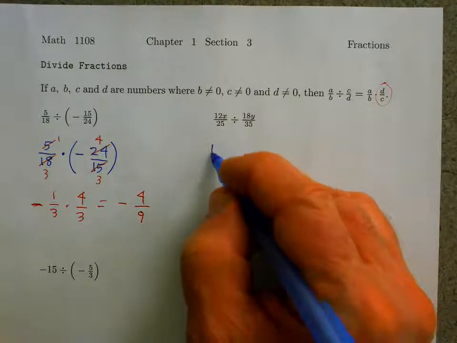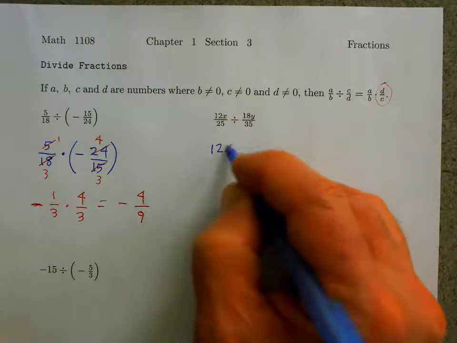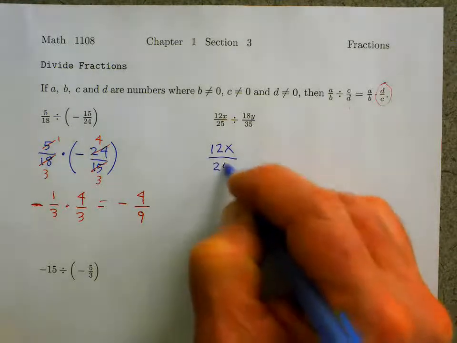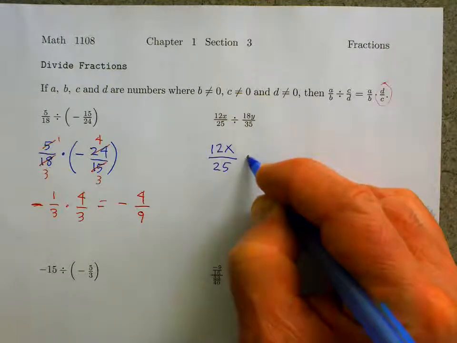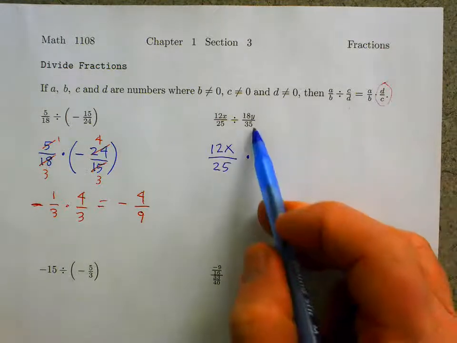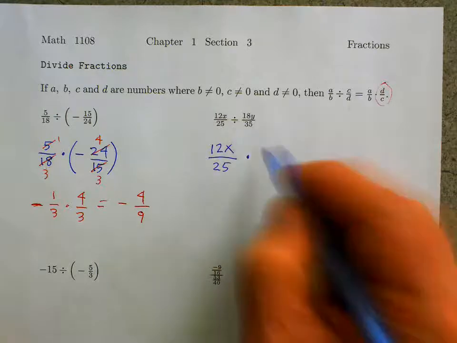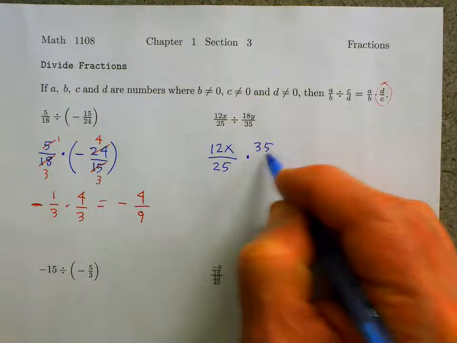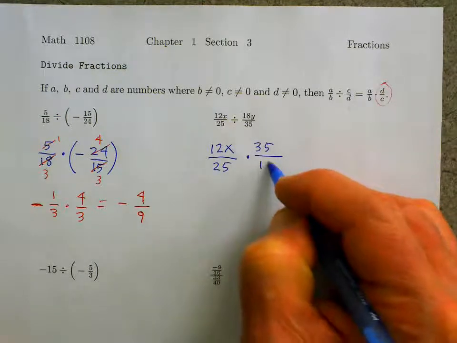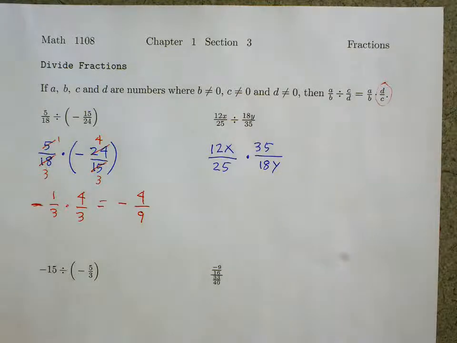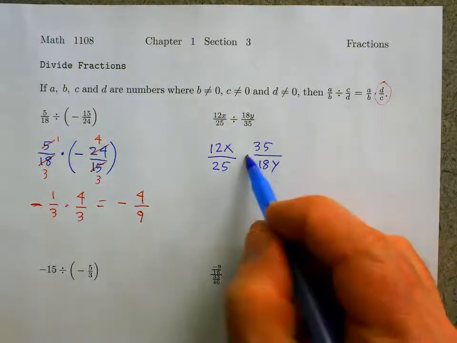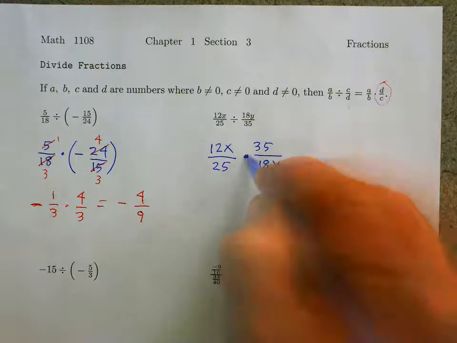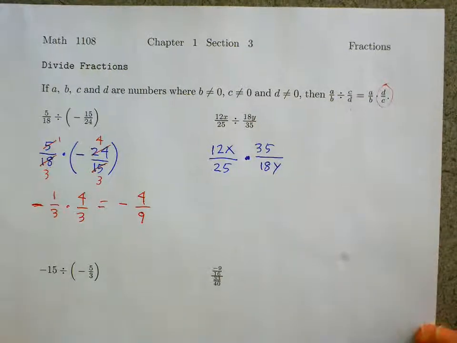The fraction on the left stays the same, so 12x over 25 multiplied by the reciprocal of this fraction on the right. So the reciprocal is 35 over 18y. And then before multiplying, let's look for common factors that cancel each other.